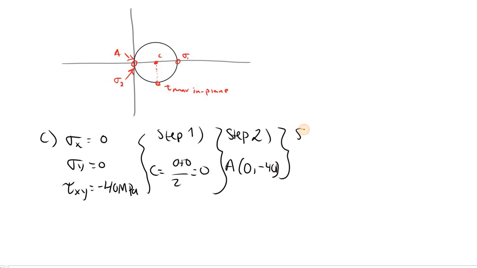Step 3, we are finding the radius. So the radius is the square root.